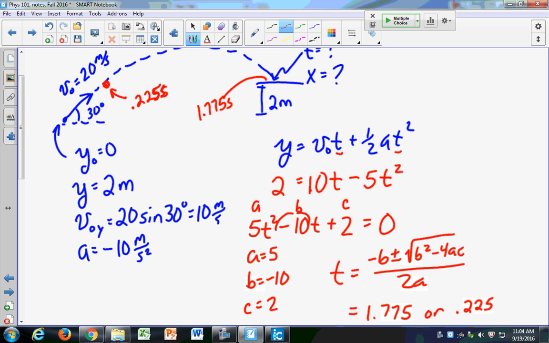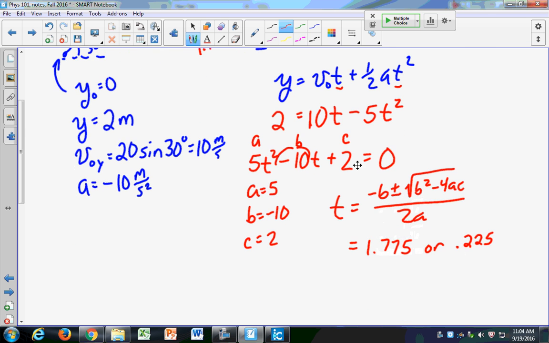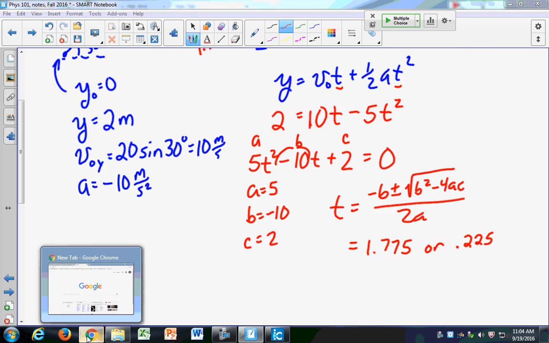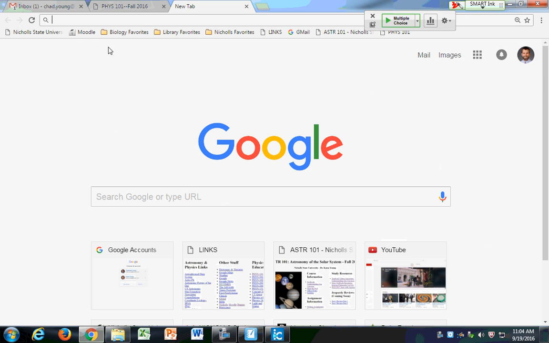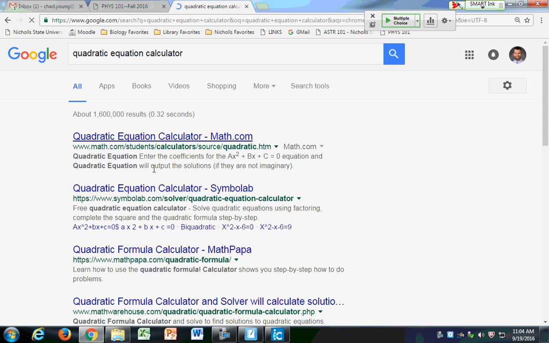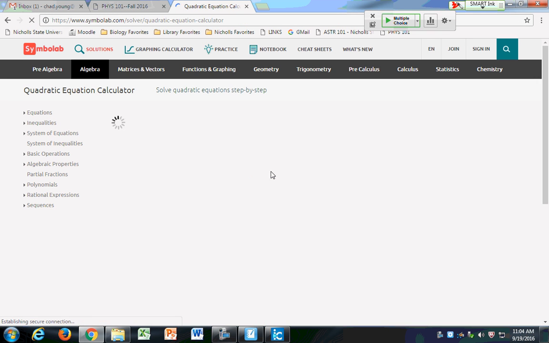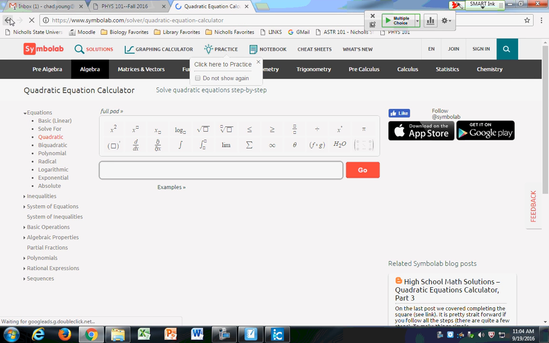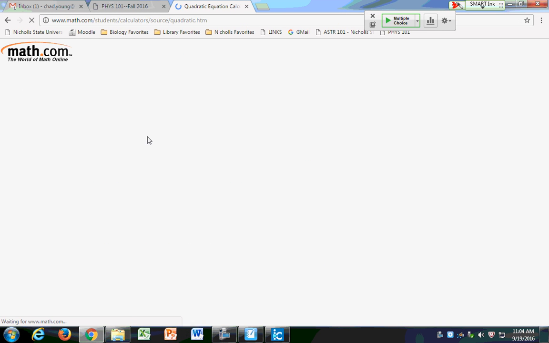There's a quiz on it. Number 4 is almost identical to this. And if you don't like the quadratic, you know what? I don't like the quadratic either. So you can look up a quadratic equation calculator. How about Symbolab? No, not that one. I think this first one is good.